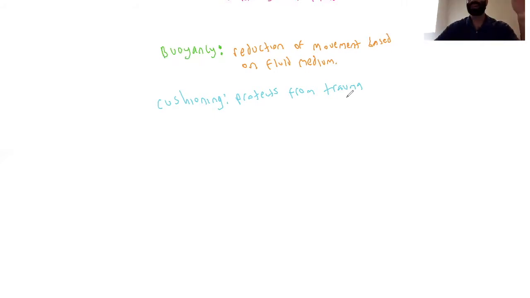Yes, your brain is going to shift, but the cerebrospinal fluid is going to sit between the brain and the cranium, and help to cushion the brain. It's going to prevent it from hitting against the cranium. Normally, this is a very effective mechanism, but if you have a severe head trauma, which we see often in sports, then the force is so severe that it actually displaces the CSF. We'll talk about that toward the end of the lecture.